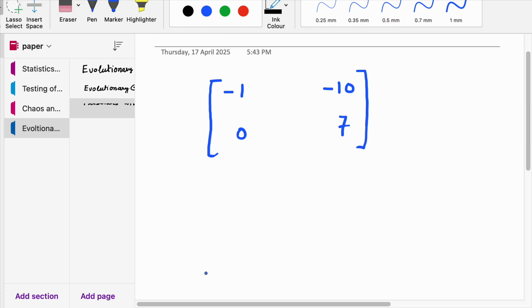Now here, let me write, this is remain silent, this is confess, this is remain silent, this is confess. Now the story is, suppose two individuals are suspected of committing a joint crime.